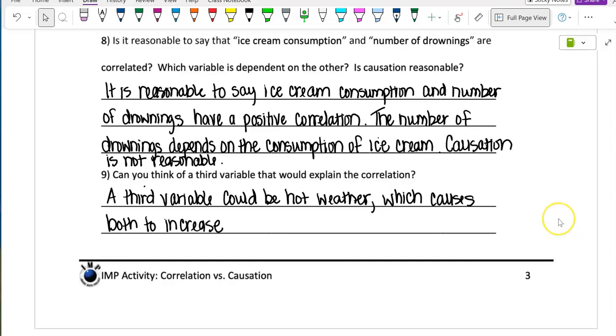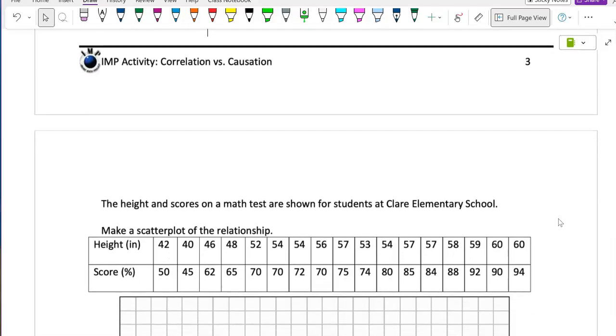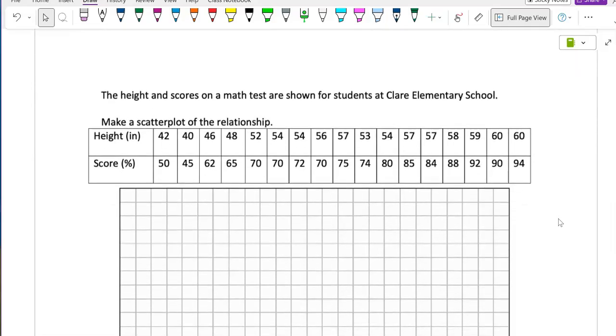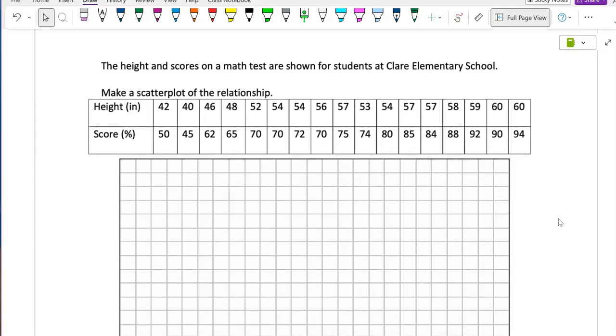All right, the next page, now we're going to get to actually do a little bit of graphing, do a little bit of work here, which really is kind of why I wanted to get into this activity, to get a little hands-on with this. So the height and scores on a math test are shown for students at Clare Elementary School.